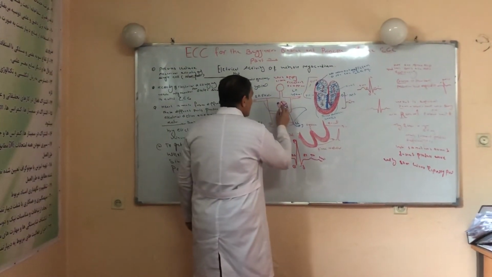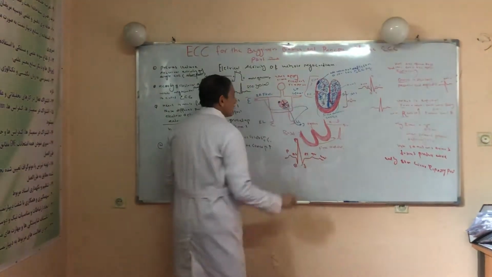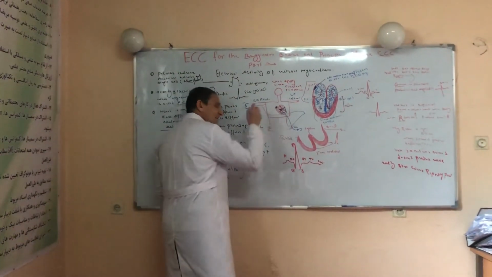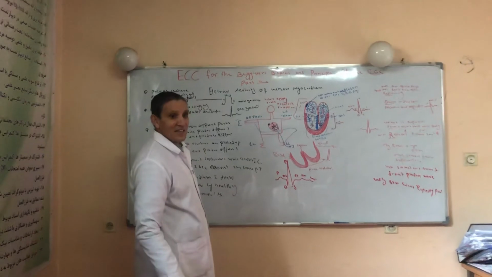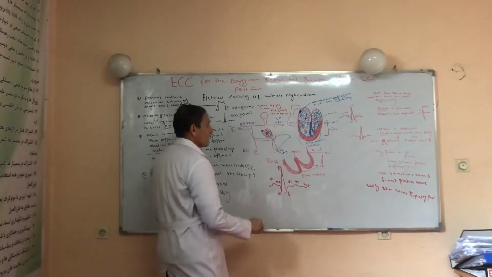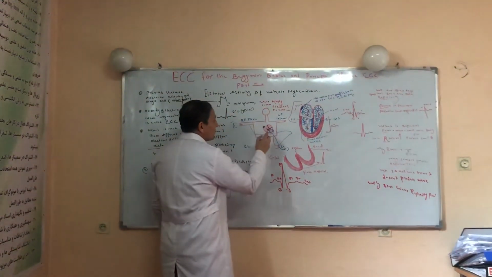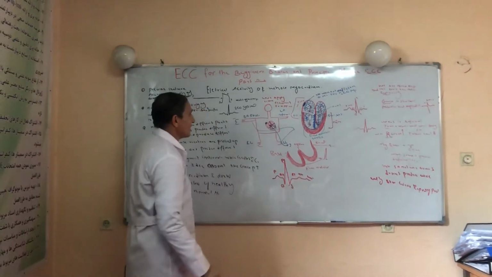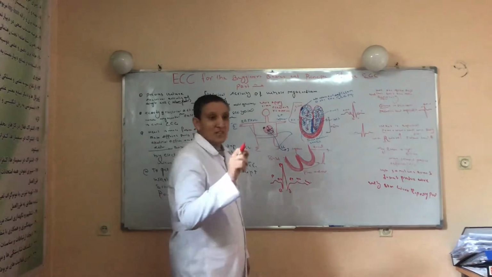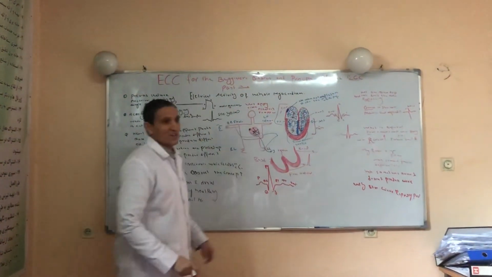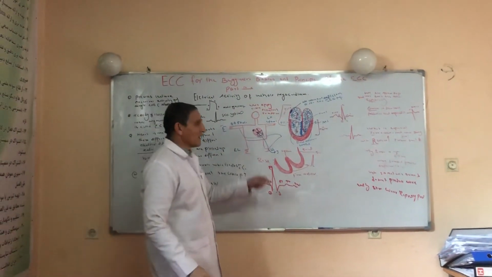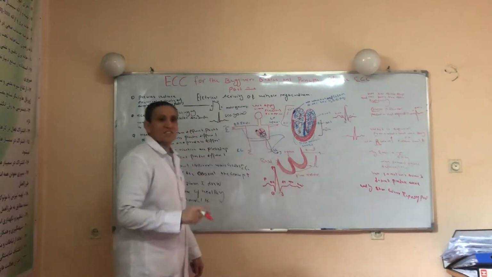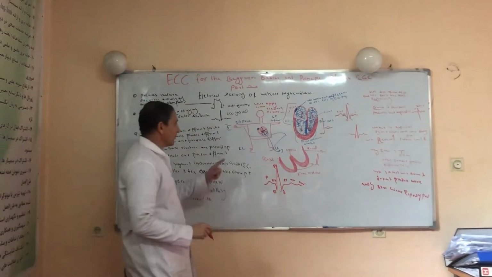After that, the electrical impulse reaches the AV node. The AV node, like the SA node, does not produce any wave or deflection, but the AV node produces an isoelectric line. The main function of the AV node is conduction of the electrical impulse from atrial tissue into ventricular tissue. Therefore we don't have any waves or deflection from the SA node and AV node.